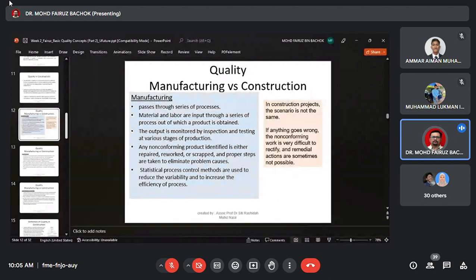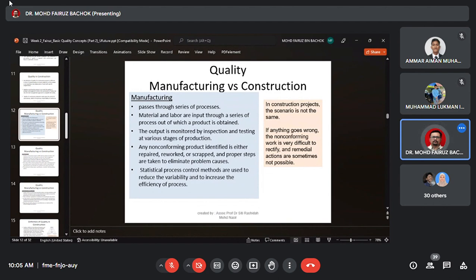Okay, that's why again, prevention is better than cure. That's why we need total quality management on the construction site. That's the reason. And also, specific process control methods are used to reduce variability and to increase the efficiency of the process. This means that if you look at process by process, which process produces more rejected products, then you study the process based on the statistical data.